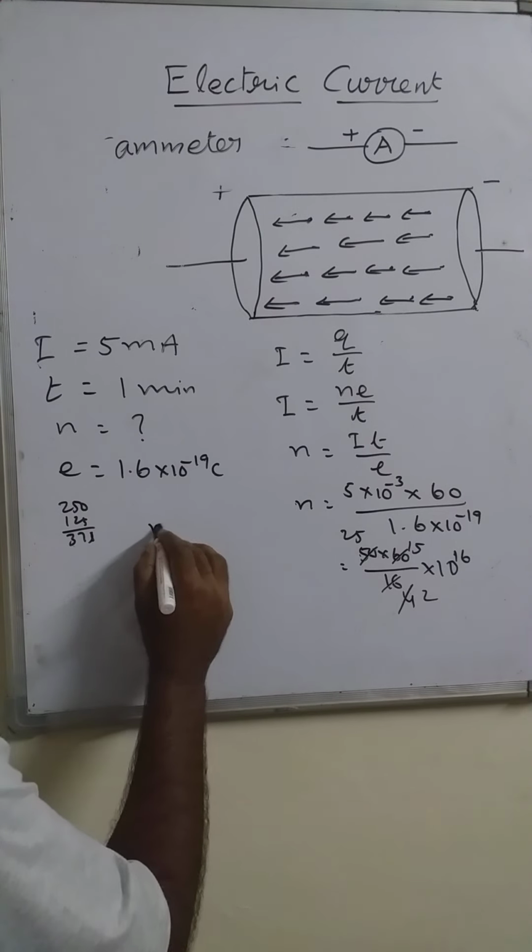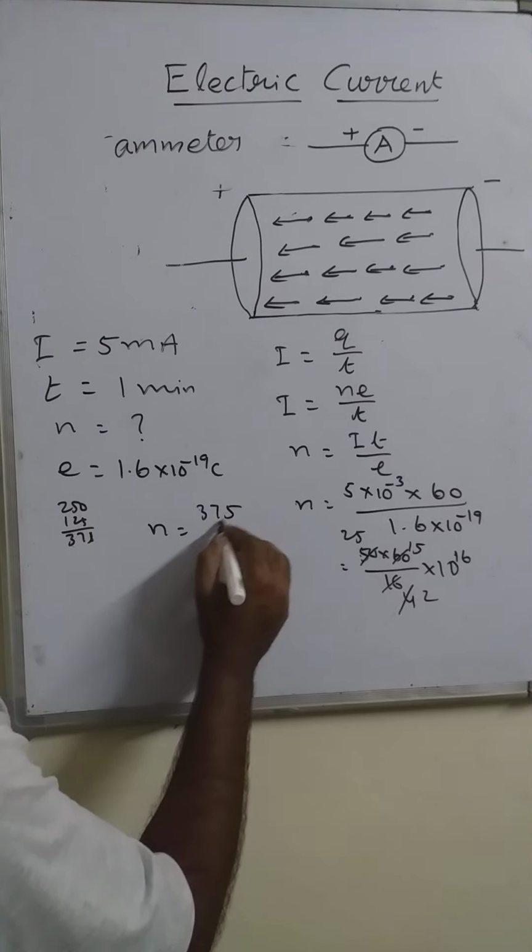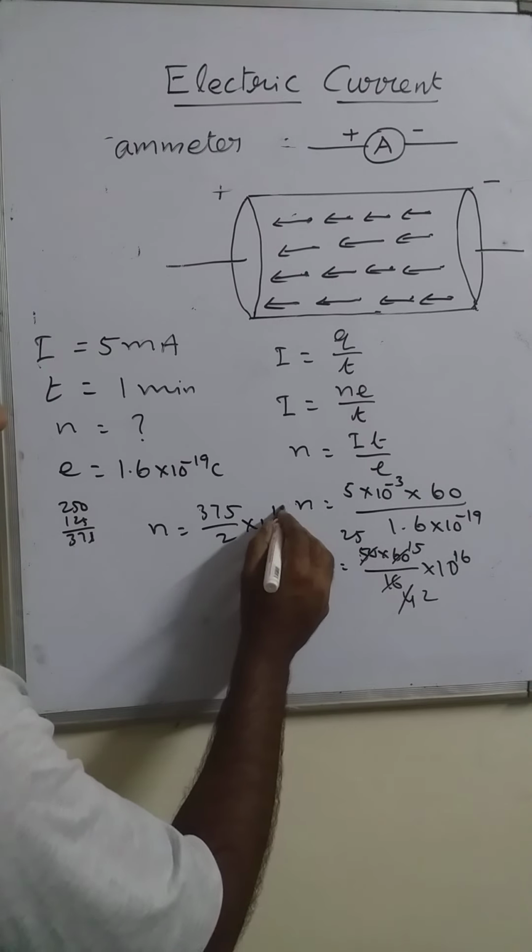So N equal to 375 upon 2 into 10 to the power 16.